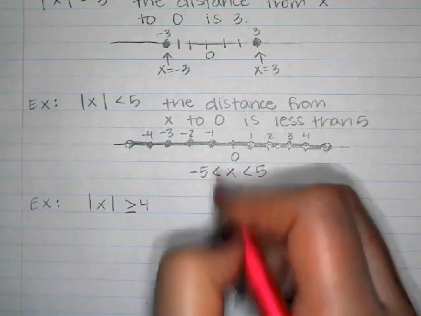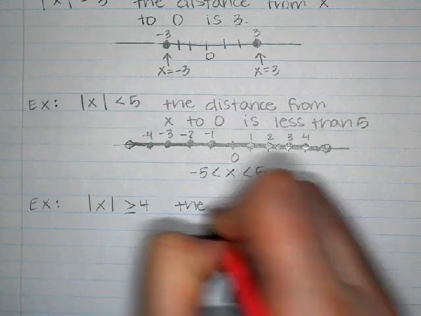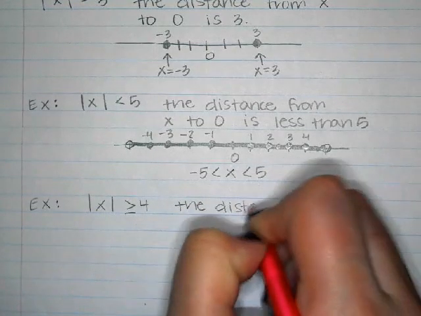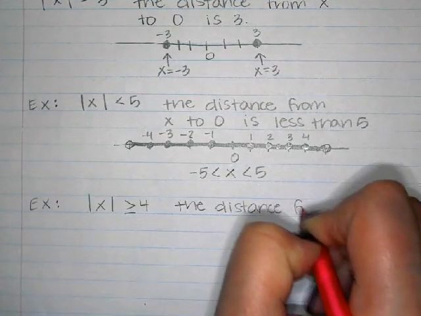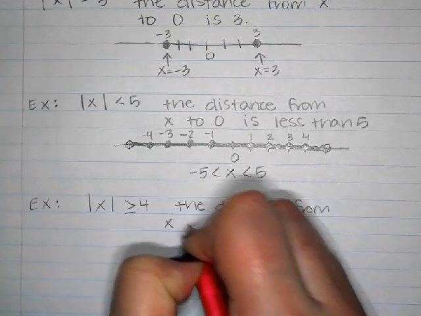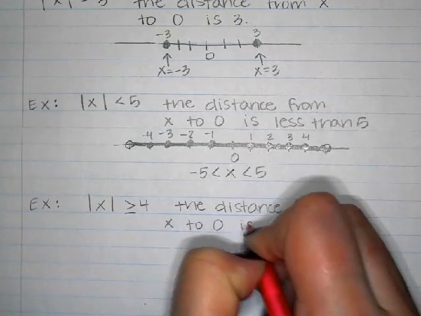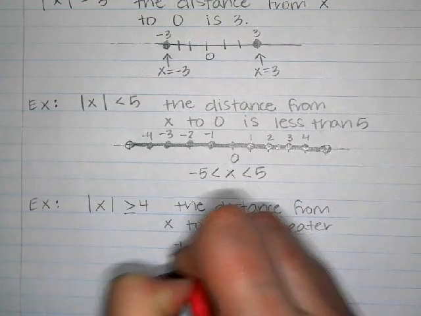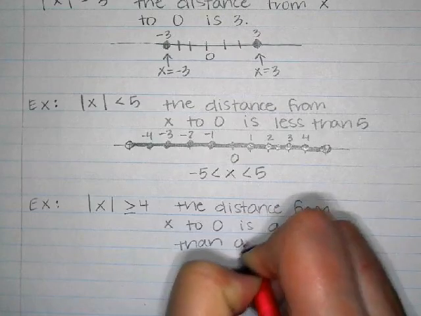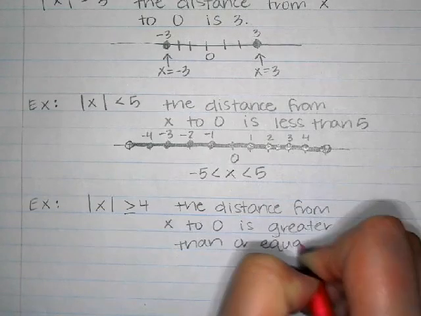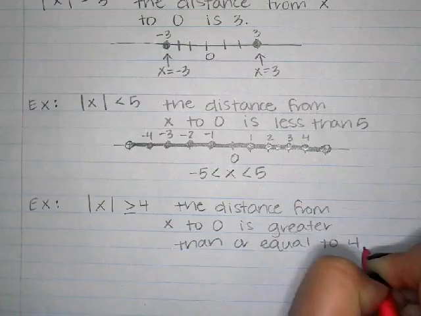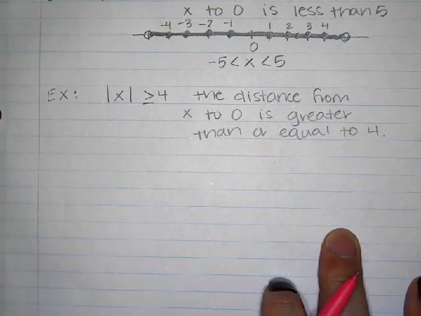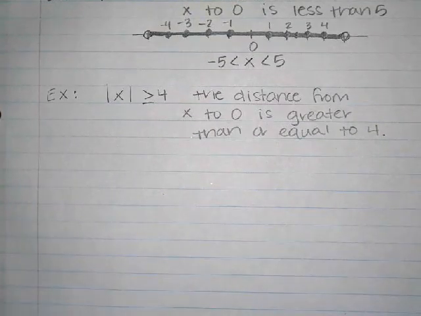So this one says the distance from x to 0 is greater than or equal to 4.